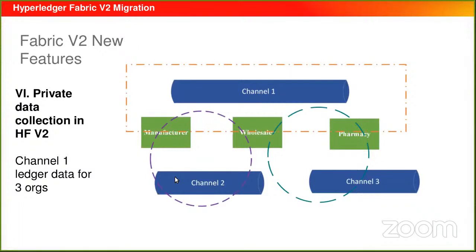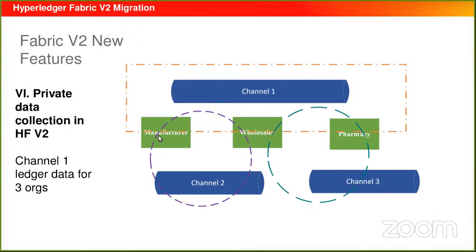One of the things is that, with regard to private data collection in Fabric 2, as you see, channel 1 and then channel 3. You can look at this channel as the system channel, and then you have 2 different channels.